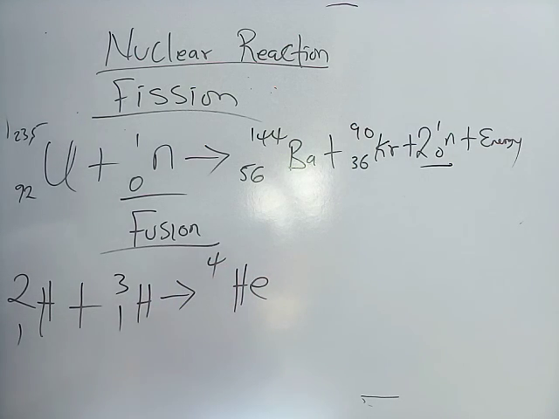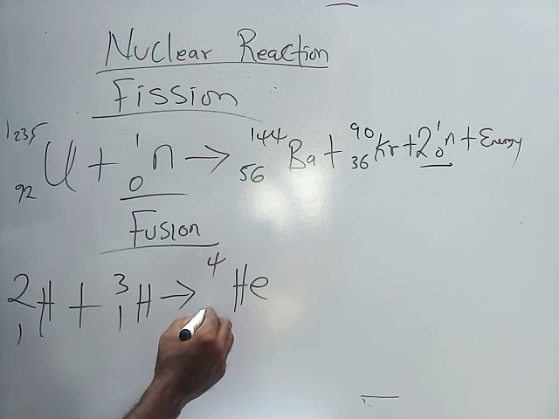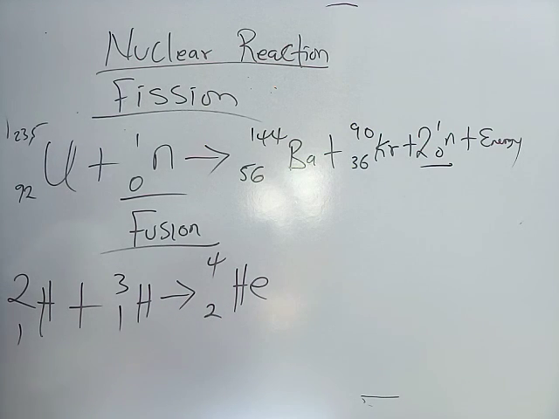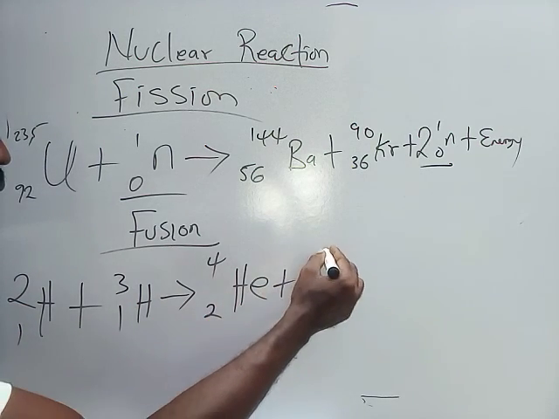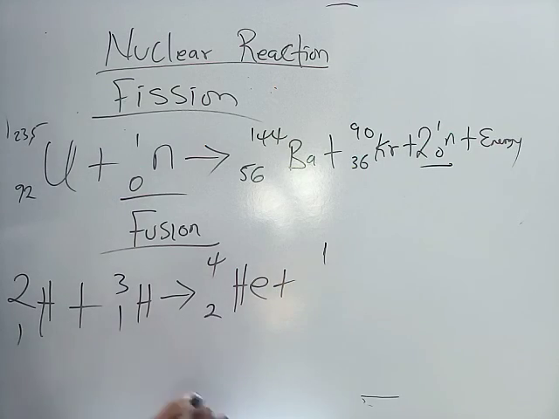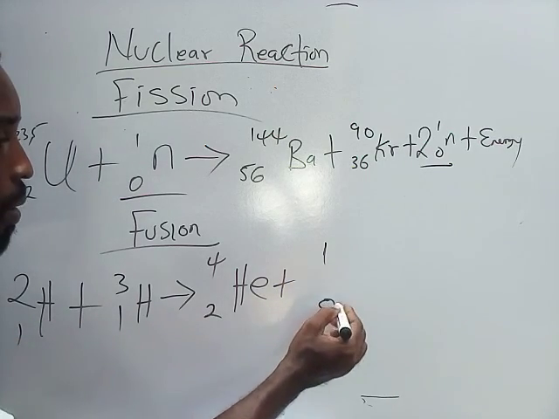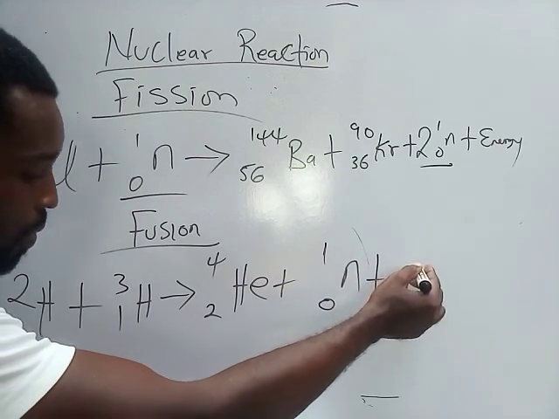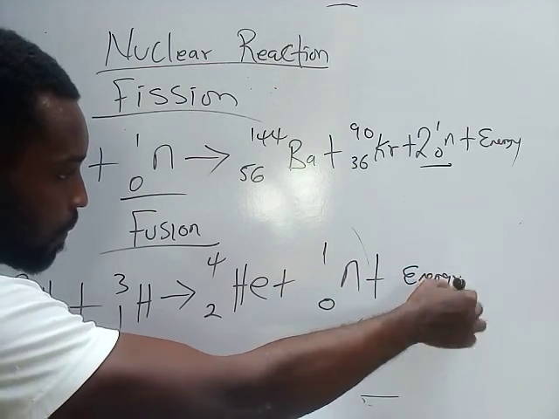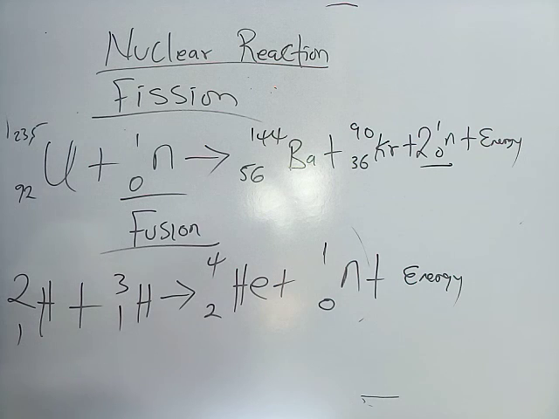Helium has an atomic mass of 4 and 2 protons, which makes the atomic number 2. This is 2 plus 3, 5. That means 1 here, 1 plus 1 is 2, and 0 will be here. You know what this is, right? And also energy.